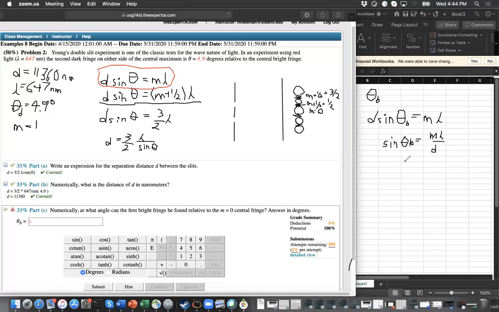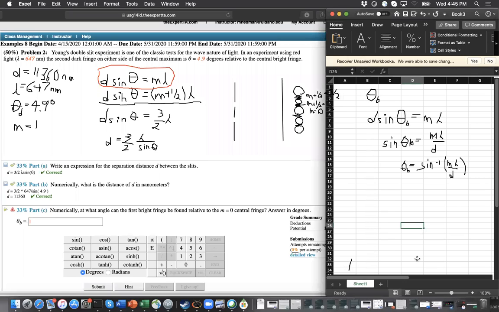So theta b is just going to be the arc sine, or the inverse sine, depending on how you learned it, of that ratio. Now, you will notice there is no way to do the arc sine in Expert TA because we get what we paid for there. So we'll do that over here.